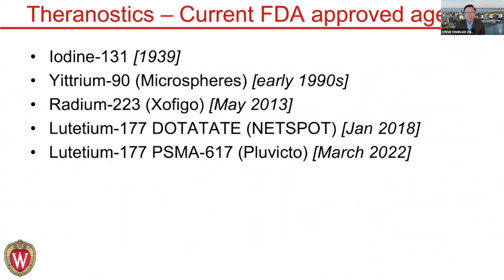So currently FDA-approved agents include, and just to give you a bit of historic perspective, iodine-131 used for thyroid cancer, which was developed during the war, and the first patient it was administered to was in, I think, 1939.